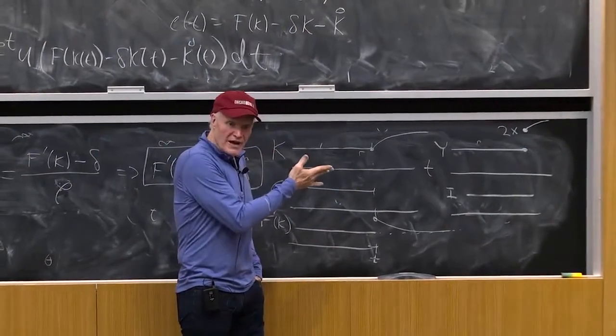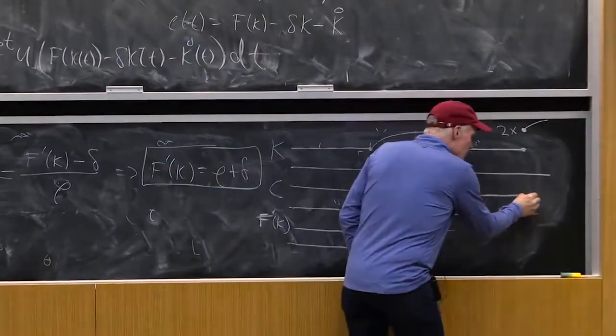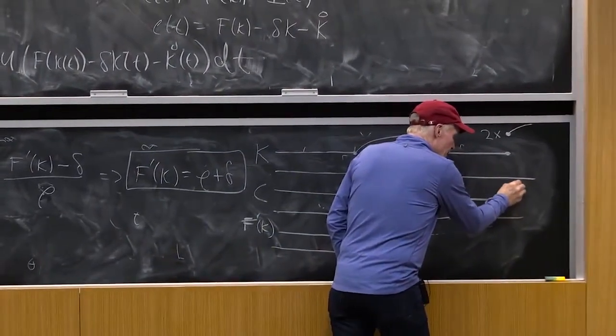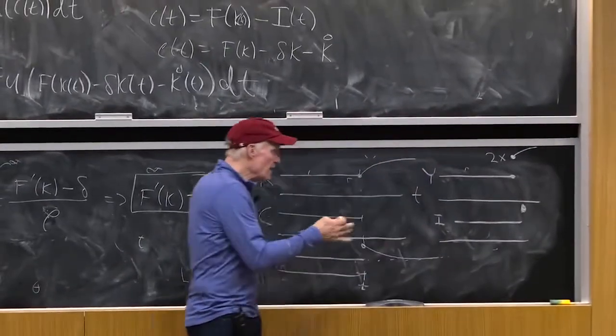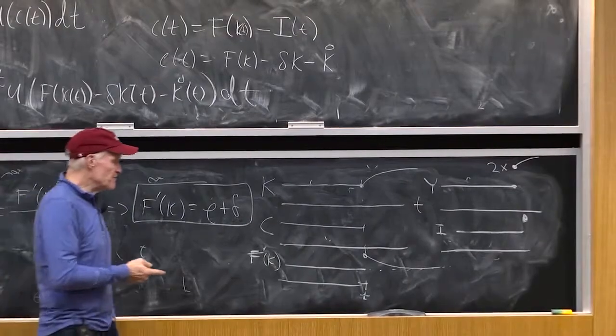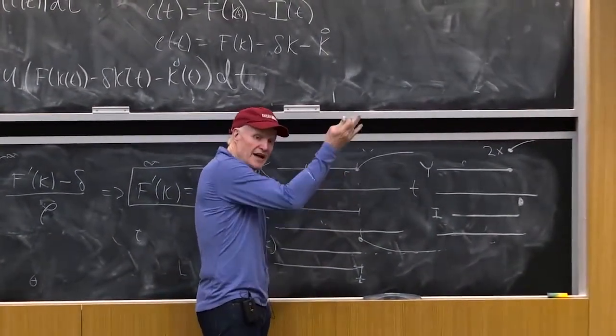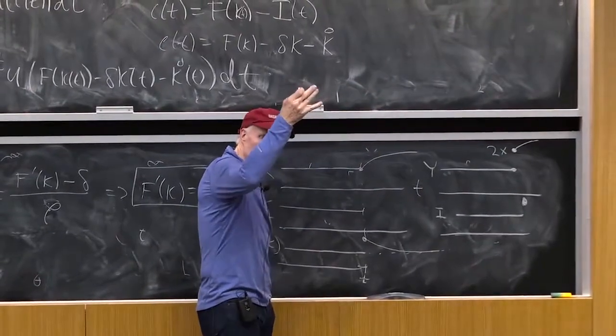I, of course, is going to have to go up because we have to build up the capital stock. So I is going to jump up, all right? And then we're going to go to a new steady state on I, okay? Now for C, we don't know. We could either go down or up, but we know eventually C is going to have to go up, right? Eventually C is going to rise.